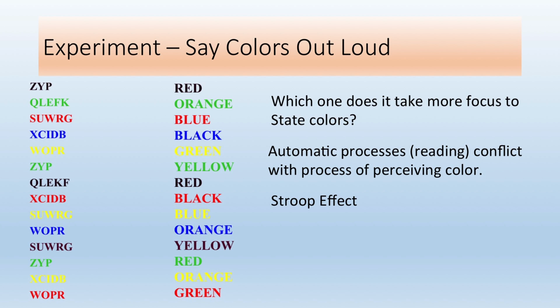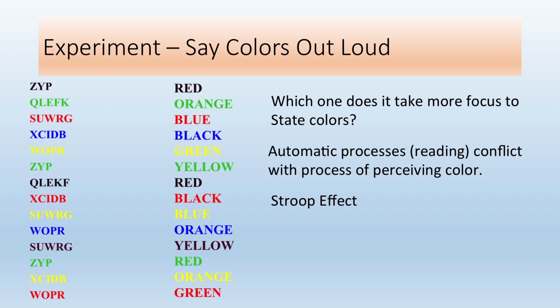You don't have to divide your attention between what you see as a color and what you see as a word. So if you were to read the first column and just tell me the colors, you'd be going black, green, red, blue. It all becomes relatively automated.